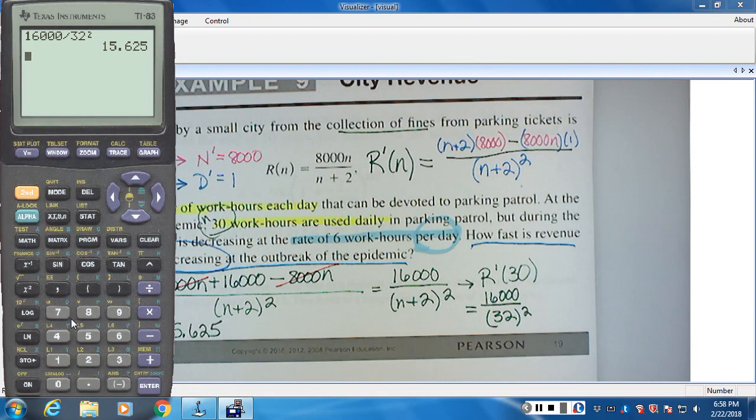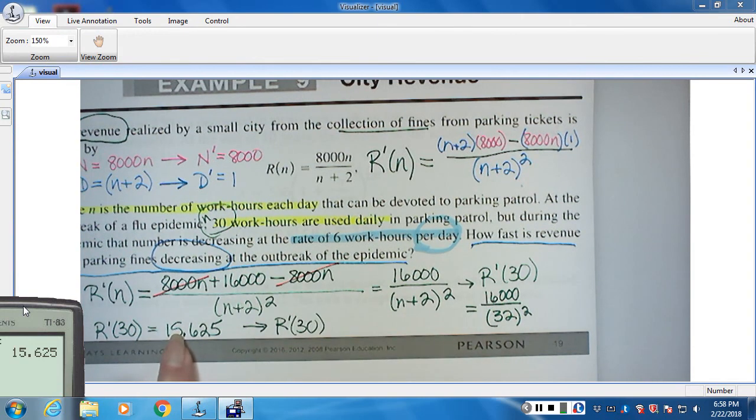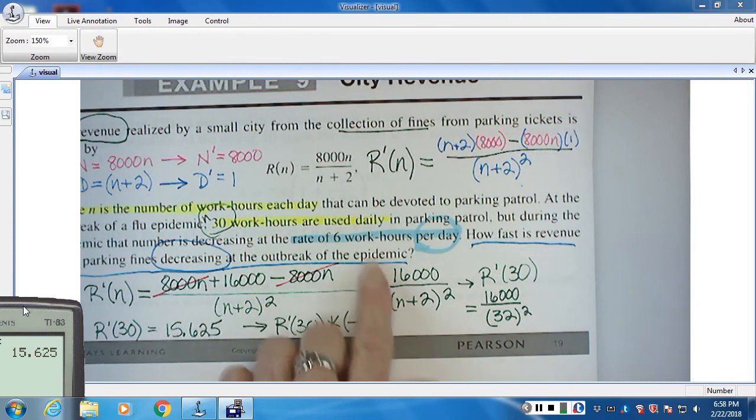And then since it's decreasing, let me get the calculator out of the way. Since it's decreasing at that point by 6 hours per additional day, then we're going to multiply that times 6, or times negative 6. Because this is the change in the revenue, but this is the change in the number of work hours.